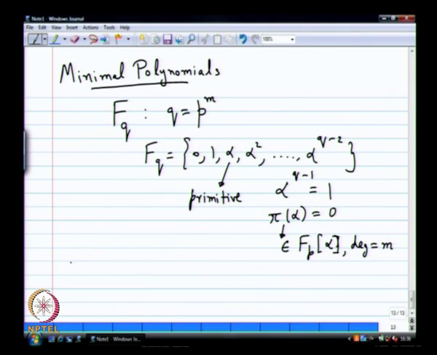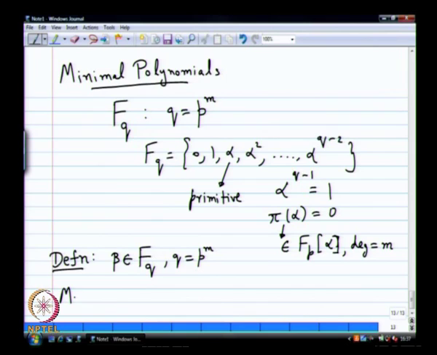Okay, so now the definition for the minimal polynomial. Let me give you the definition and then I will justify the definition. Suppose I have a beta belonging to F_q, q is p to the power m.